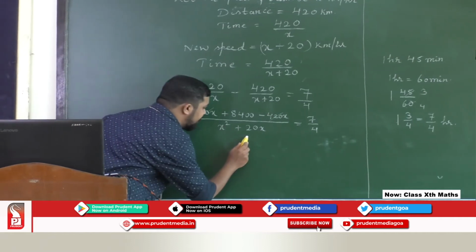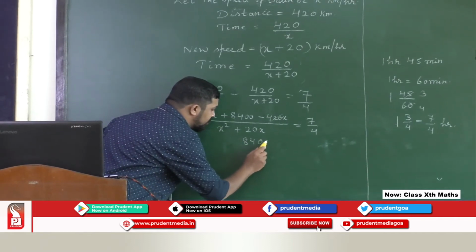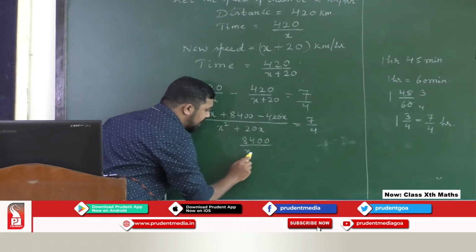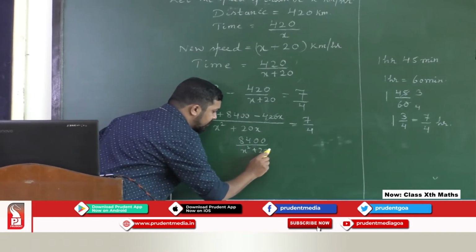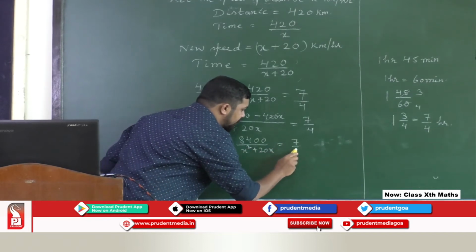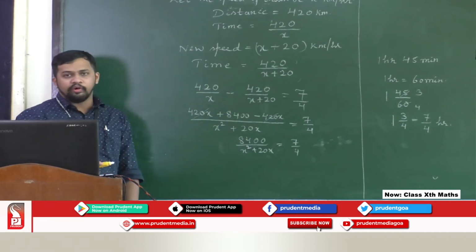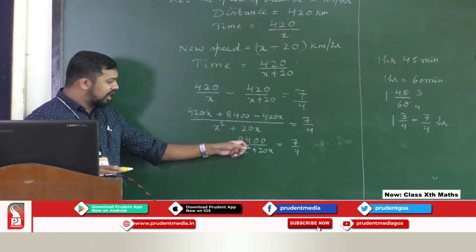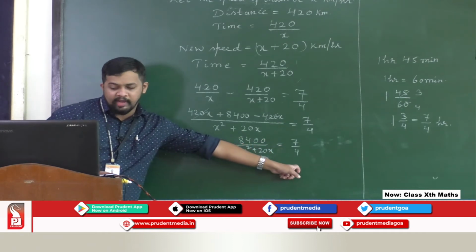So I will write that 8400 over x square plus 20x equals 7 by 4. Now again I have to do cross multiplication. So I will do cross multiplication now. 84 multiplied by 4.